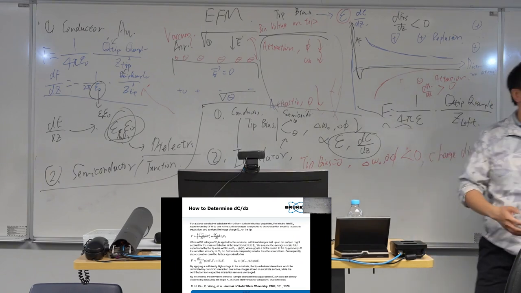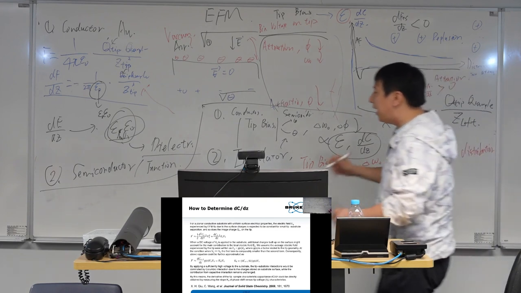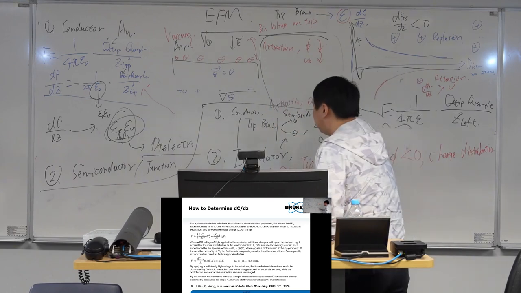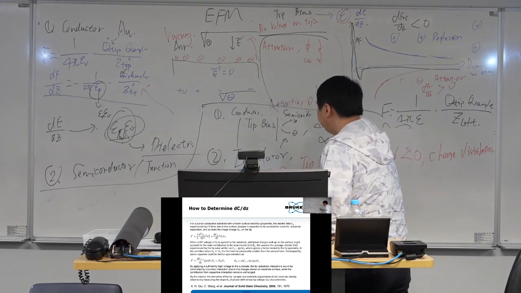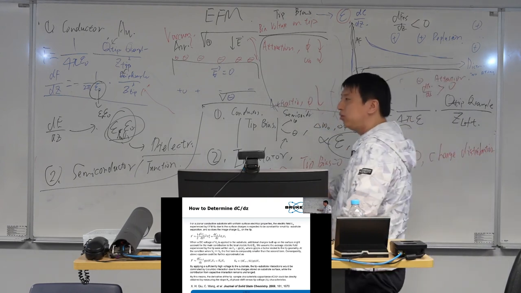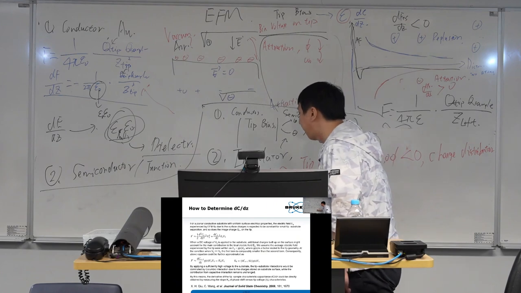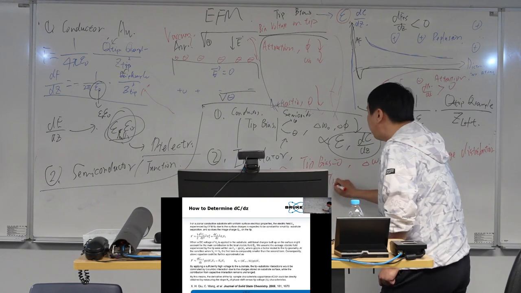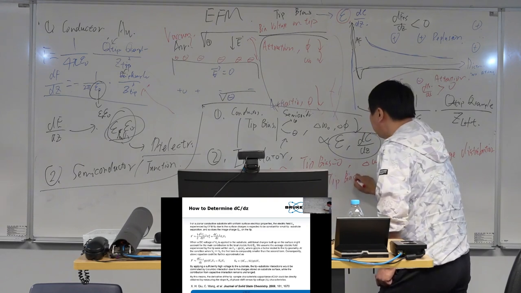And the second term is if I have a sample is insulator plus the conductor, and then the insulator itself has charge, and I also apply a tip bias.